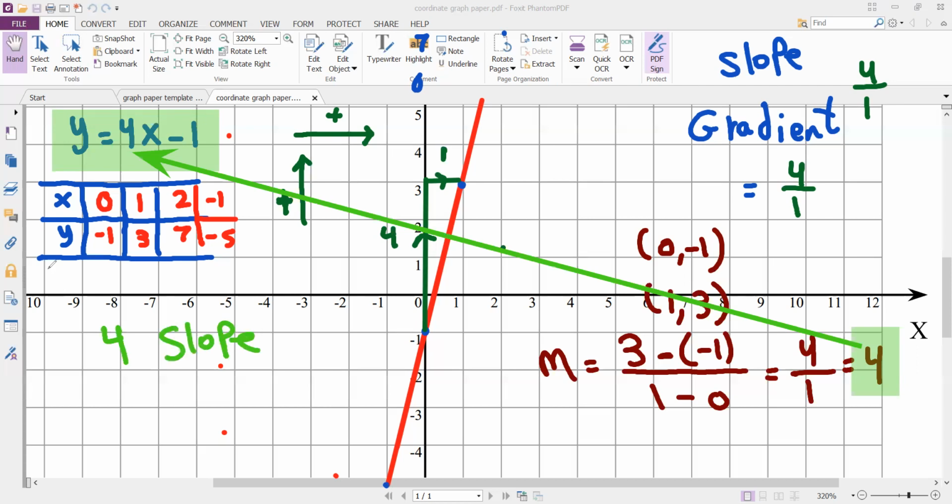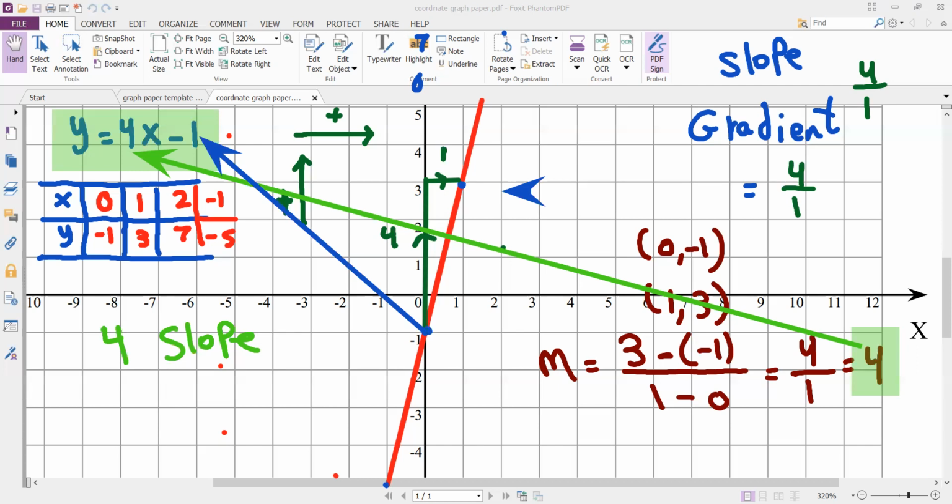And now I want to have a look at this number here, which is -1. What do you notice? The line cuts the y-axis, or passes through the y-axis, or intersects the y-axis at the point 0 and -1, this point here.